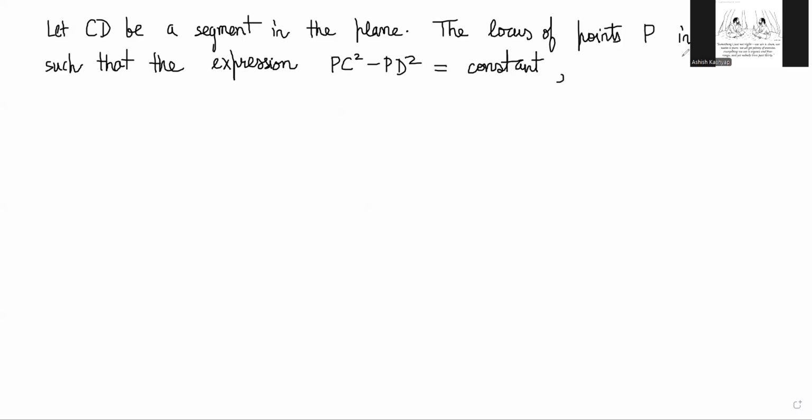This locus is a line perpendicular to the segment CD.